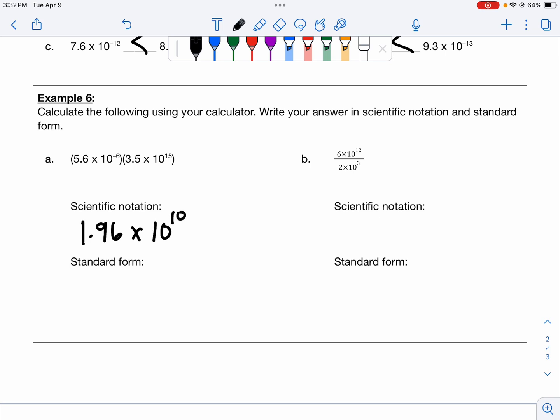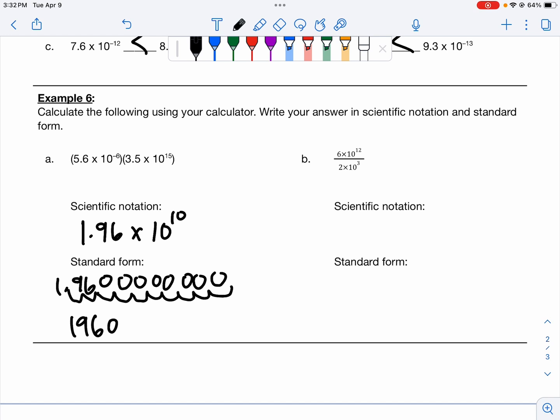Very large number. We're going to write down 1.96 and move it once, twice, and then keep going: 3, 4, 5, 6, 7, 8, 9, 10. We're going to put a 0 after each one of those. So we have 196 and then 8 zeros.